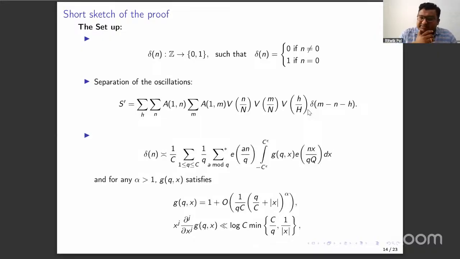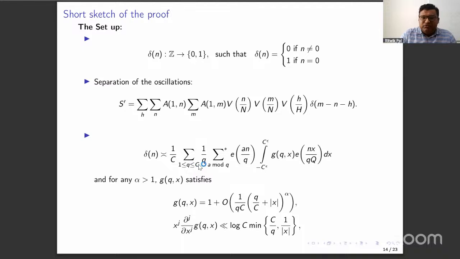Now delta has an expansion. This expansion is due to Munshi. I have written it in a simpler form than it is there, so I will explain what is there. There is a big parameter C. C is our choice; we can choose C later.